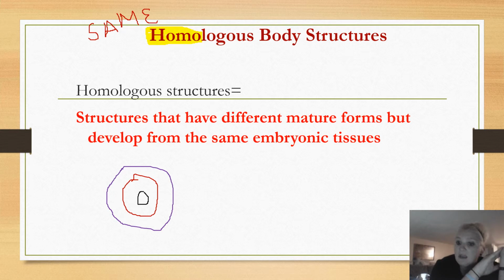So a wing and an arm are homologous structures because they form from the same embryonic tissues during their development. That doesn't mean that a human could develop a wing. It just means that the same layer of tissues in an embryo that forms the arm in a human would also be the same tissues in an embryo that form a wing in a bird.